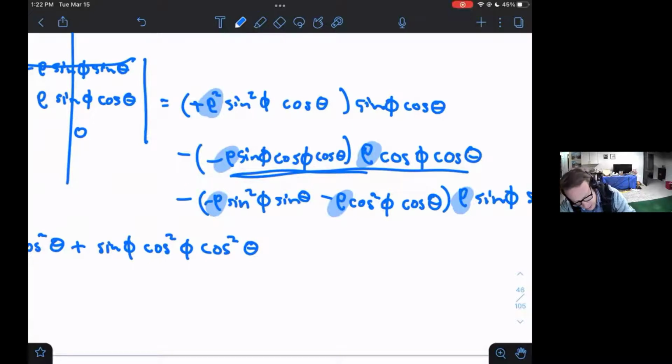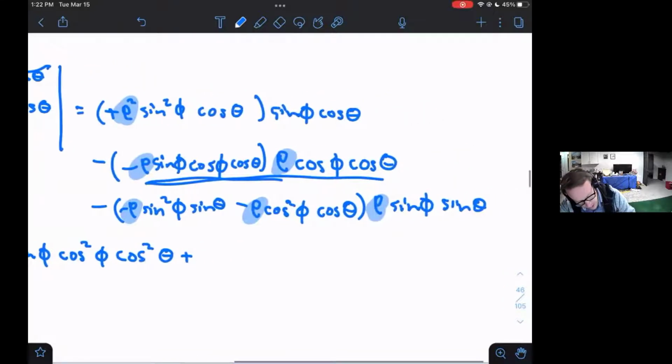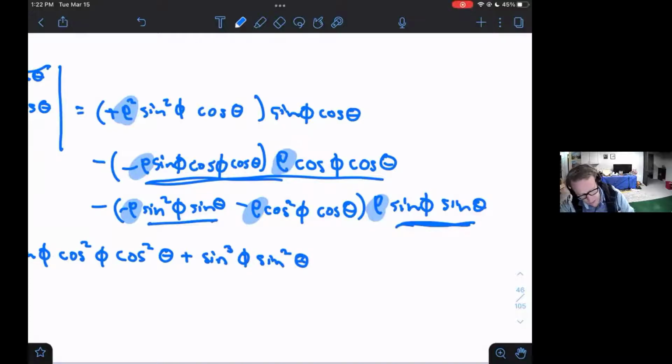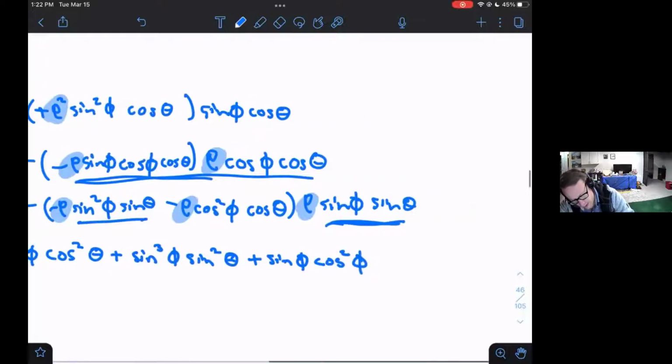Plus sine cubed phi sine squared theta. That's after I distribute this stuff to my first term. And then in my final term here, I'm going to have sine phi cosine squared phi sine theta cosine theta.